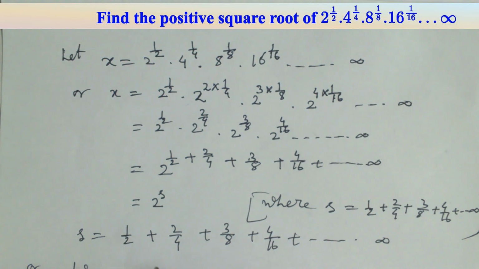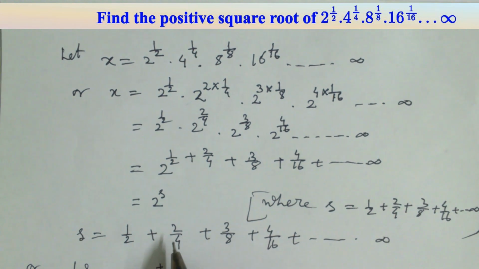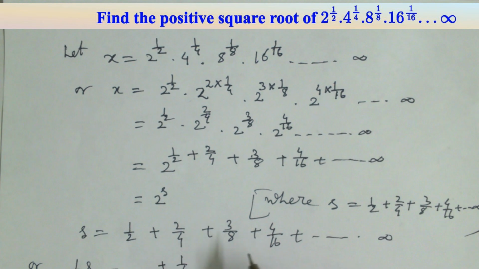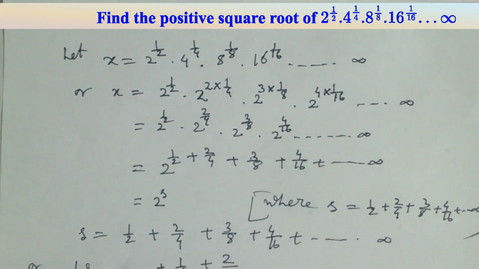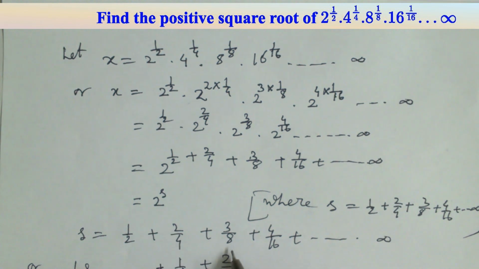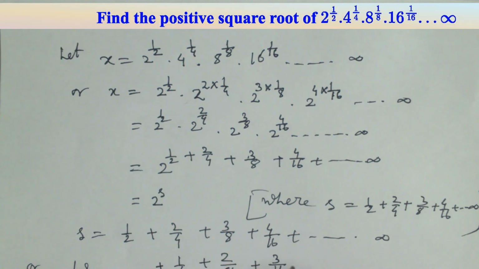Half and half, 1 by 4, writing one step forward, plus 2 by 8, plus similarly 3 by 16 and so on into infinity.